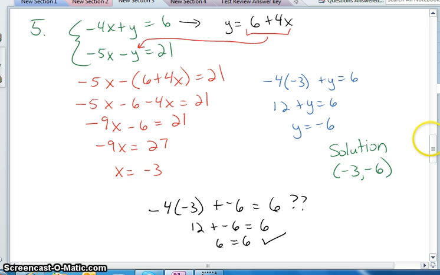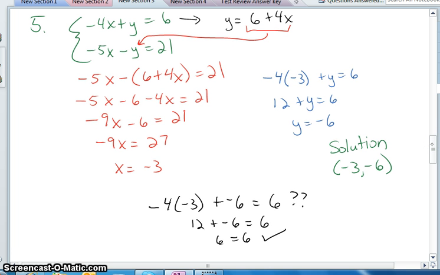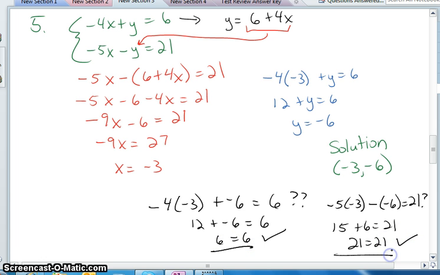Is it enough to check just one equation? No, not at all. So now I need to check the second equation. Is negative 5 times negative 3 minus negative 6 equal 21? So that's 15 plus 6. Does that equal 21? Yep. Since it worked in both equations, that means I got the right solution.